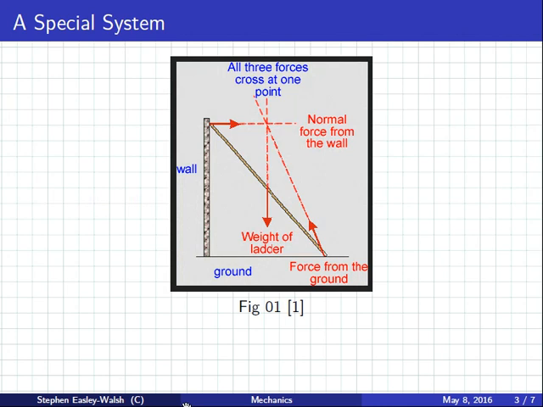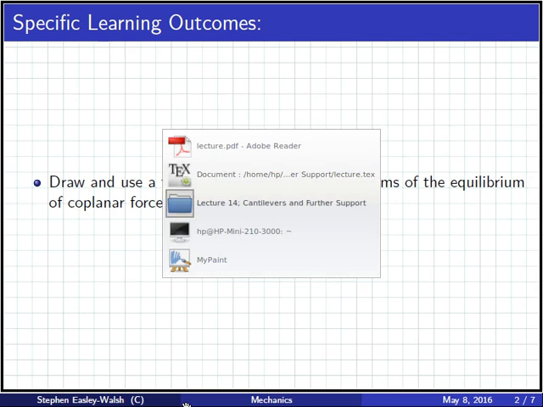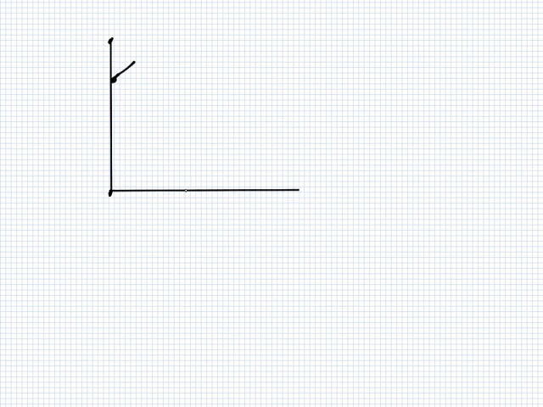Okay. Actually, let me just draw it first with my pen. Here's an example of a special type of system. That's the ground, by the way. So I'll draw a ladder here. And just to be clear, this wall is smooth and this ground is rough.